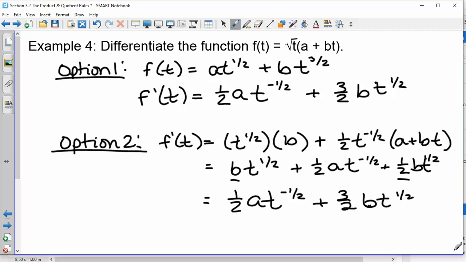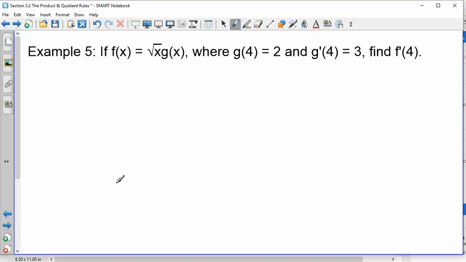Let's do this problem. f of x is the square root of x, or you could write that as x to the 1/2 times g of x.